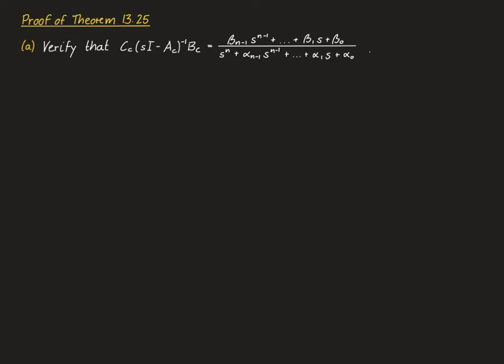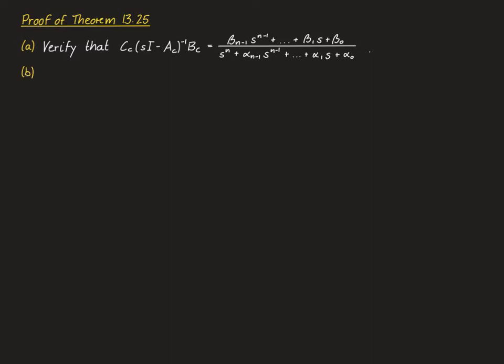All we need to do is to apply the formulas from Theorem 9.13 or 9.26, namely C times in brackets sI minus A inverse times B, and substituting the particular A, B, and C matrices from equation 43 leads to the transfer function as given in equation 42.